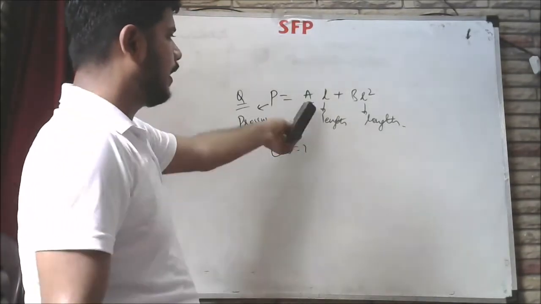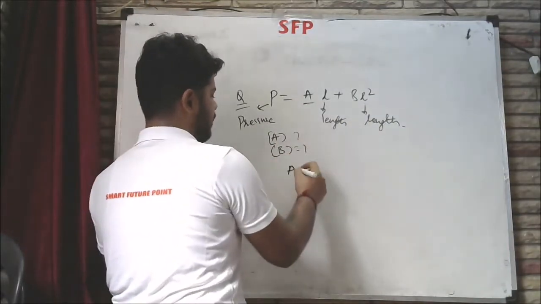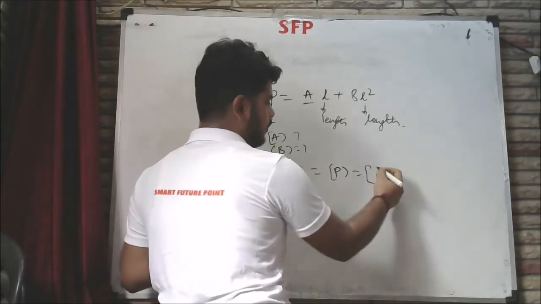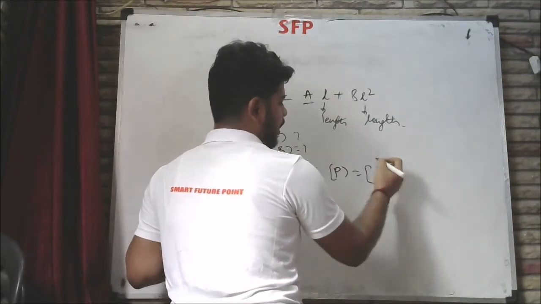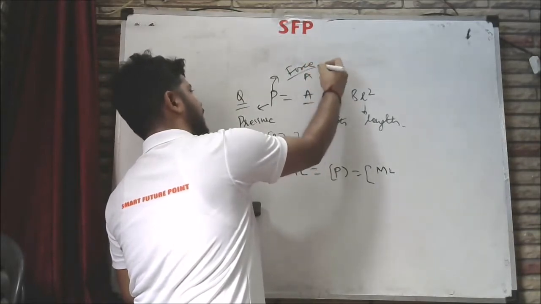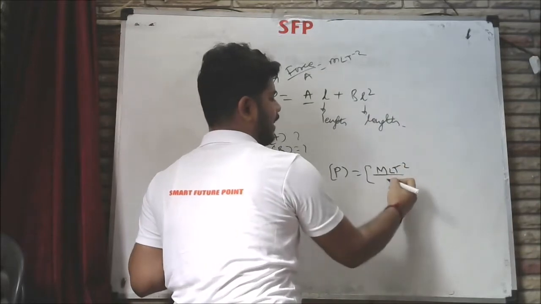I have given you the idea. All three have the same dimensions, so the dimension of AL will be the dimension of pressure, and pressure has the formula of force per unit area. I can say MLT minus 2, and area has L square.